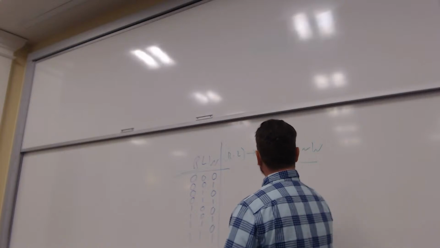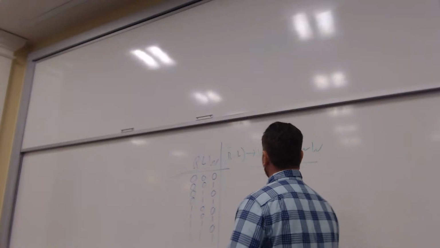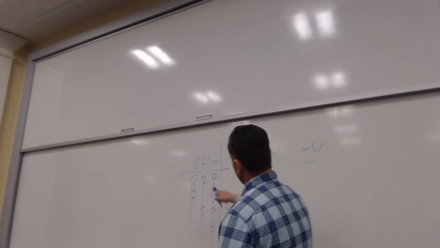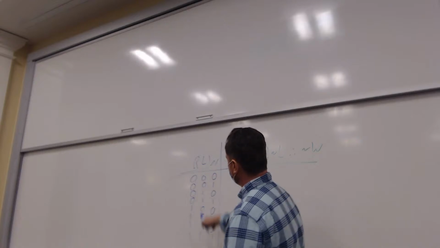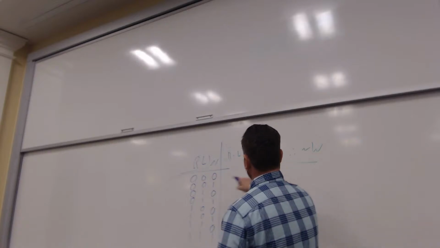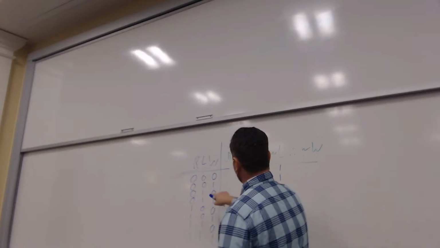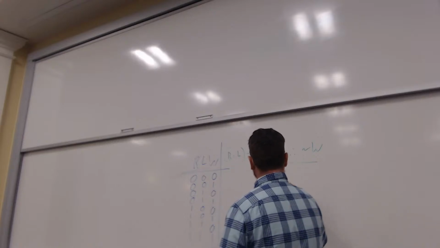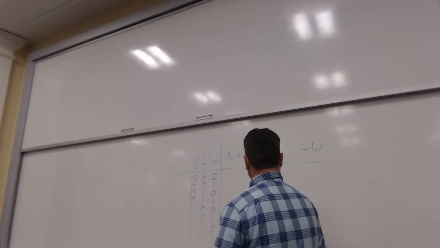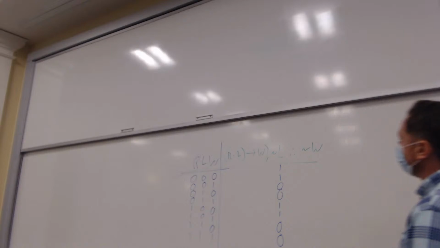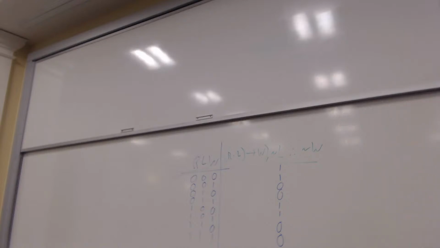So instead, I'm going to start with this simple premise, premise 2, not L, and I'm going to plug in the values in all 8 situations for not L. When L is false, not L is true. When L is true, not L is false. All right, so those are the resulting 8 values for premise 2.